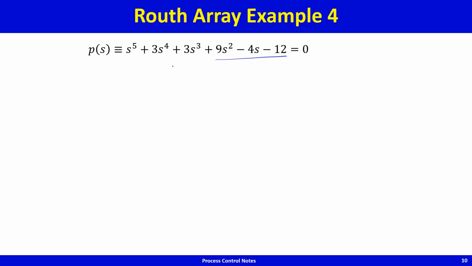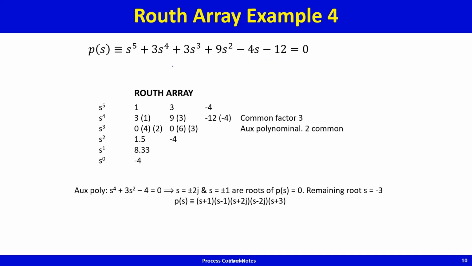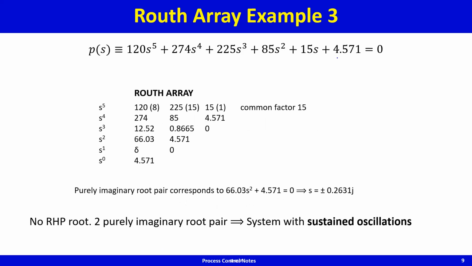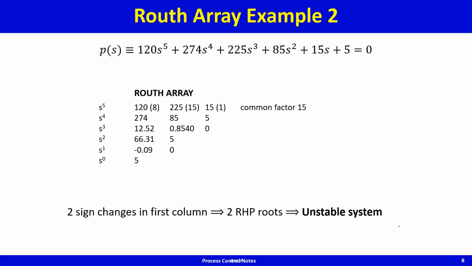So for example, in the previous example, let's just go back a little bit. Okay, when this was 4.571, I had sustained oscillations. When this thing was 5, I had an unstable system. That means the controller gain that gave me this resulted in those two roots going into the right half plane.